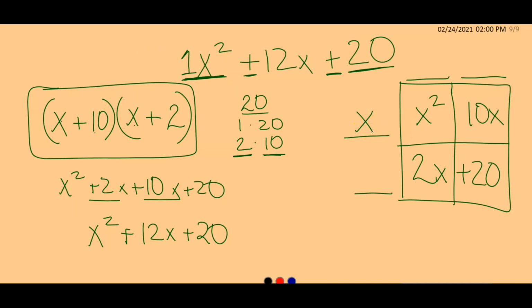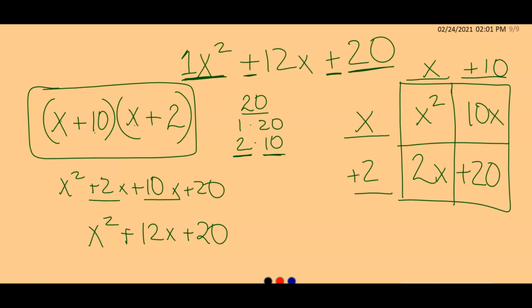So when I divide x squared by x, what do I have left? X. If I divide 10x by x, what do I have left? Positive 10. So now let's do the bottom. If I have x up here and I divide by 2x, what do I have left? I have 2.